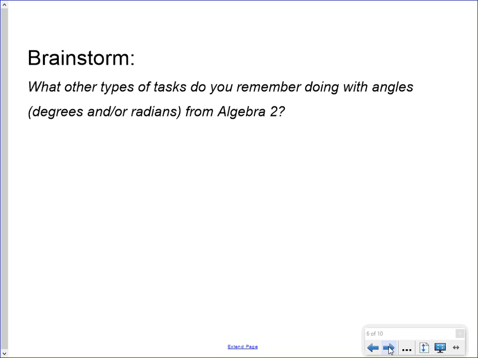Now, Tatum, anything you remember doing with angles? I just remember switching between degrees and radians, and remembering cosine and sine and angle. Okay. Cool. Abby, Sarah, McKenna, you got anything else to add? We were converting, you remember, the 180.